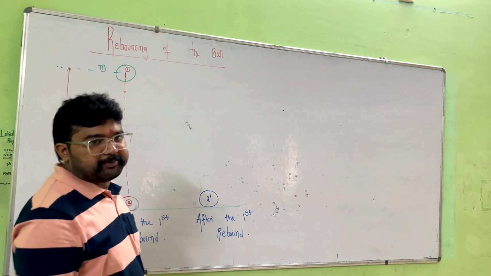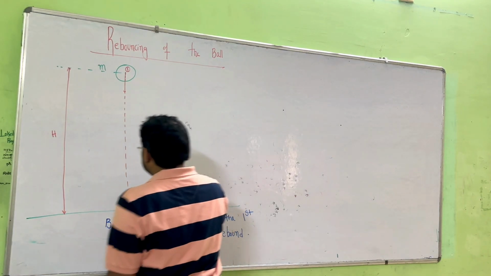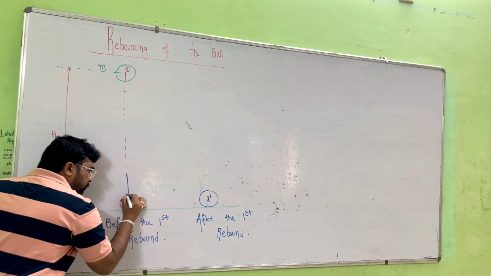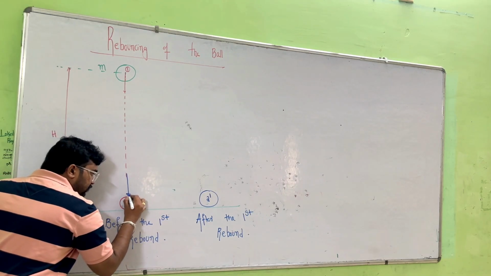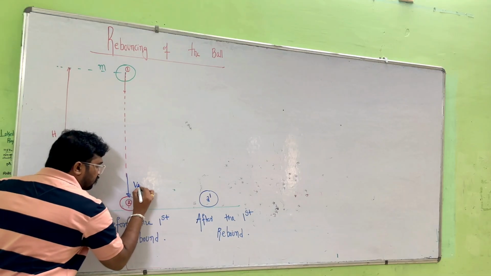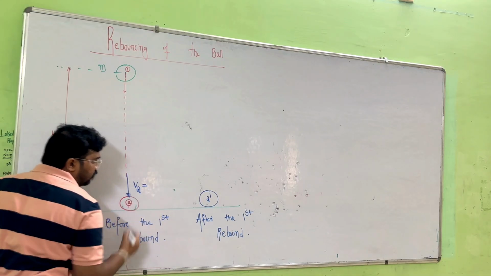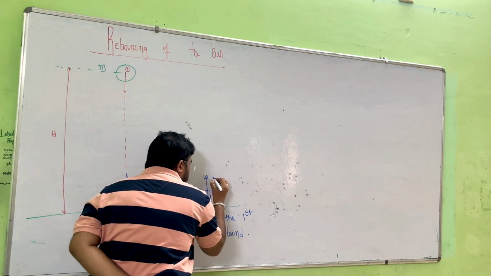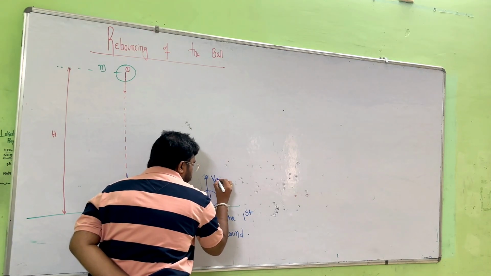So here, before hitting the ground, that is the velocity V2. After hitting the ground, that is the velocity V2 dash.